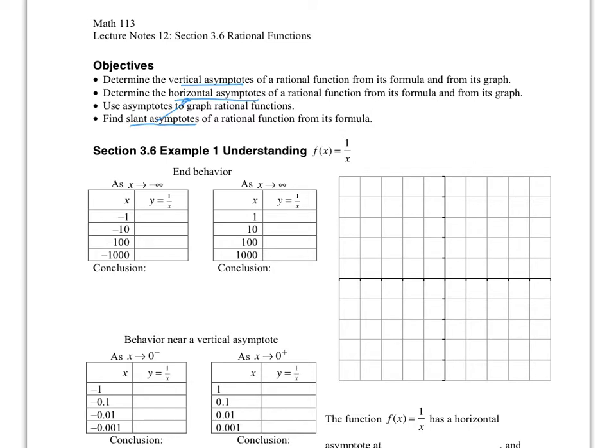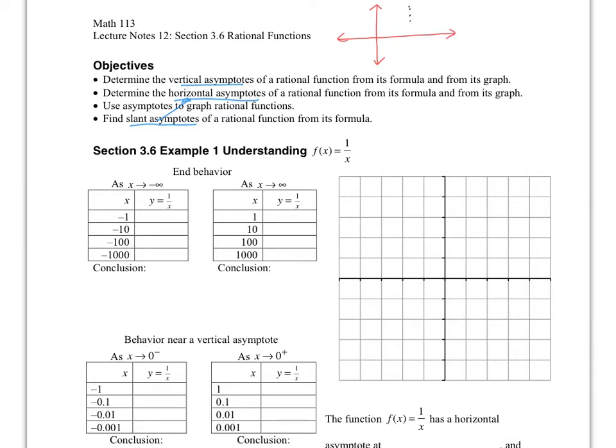Now, before we get too deep into the topics, let me explain very quickly what a vertical asymptote is, because technically you already know this, you just don't know that you know it.